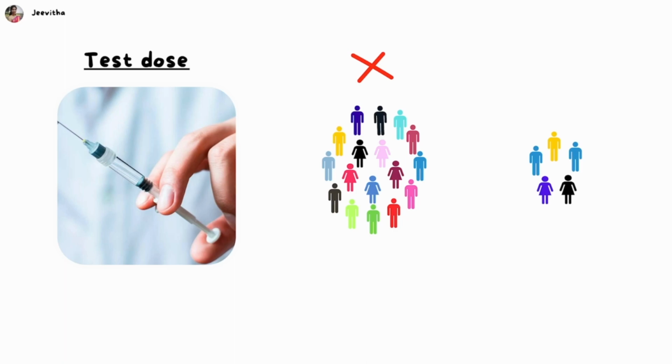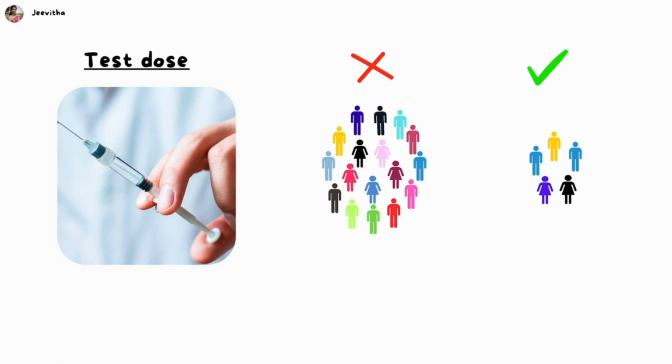If the drug dose worked on a sample of people, I can say this dose is going to work on the entire population. That's how people decide whether to use it or not based on the sample analysis.